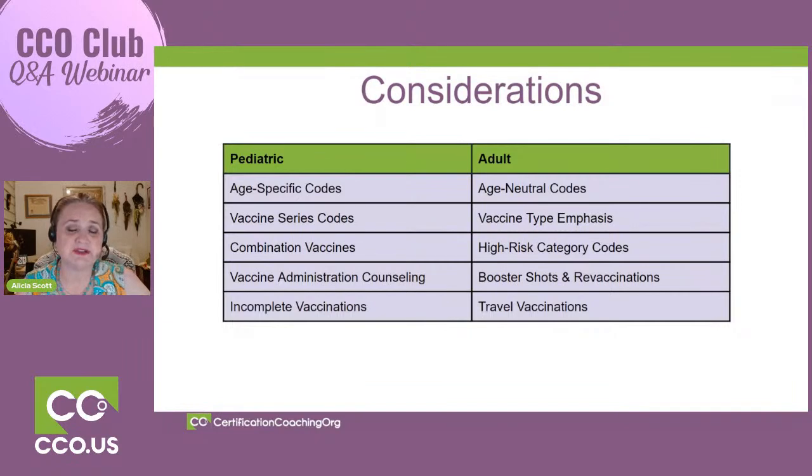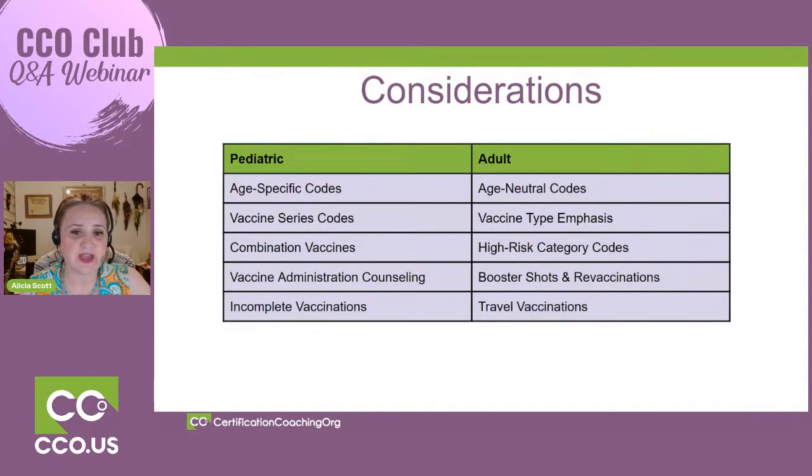Whenever you're giving children vaccine, almost always counseling will go along with that. So vaccine administration counseling will be a consideration, as well as has the child gotten all of their vaccinations? Are they up to date, or are they incomplete vaccinations?